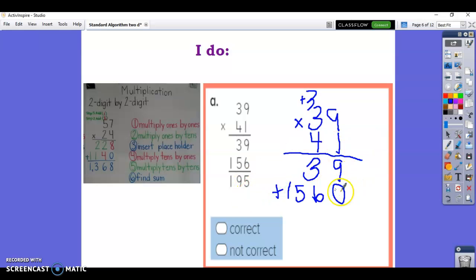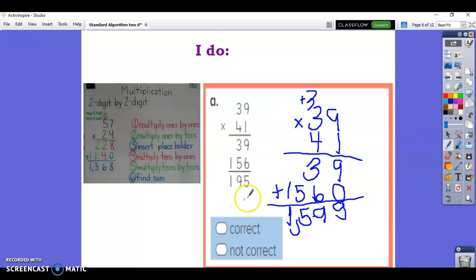Now, I have 9 plus 0 is 9. 3 plus 6 is also 9. 5 plus 1 is 6. And I bring my 1 down here, and I have 1,599.